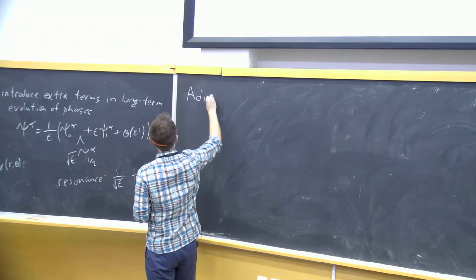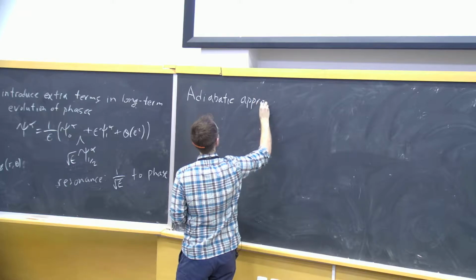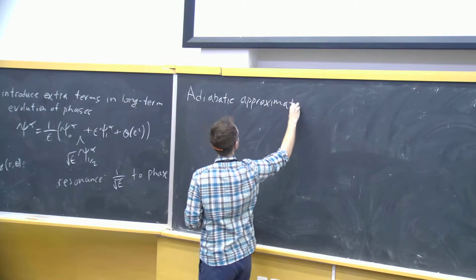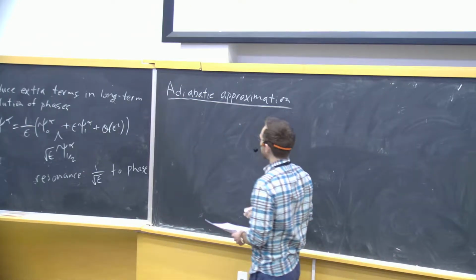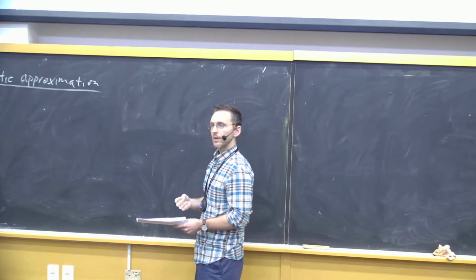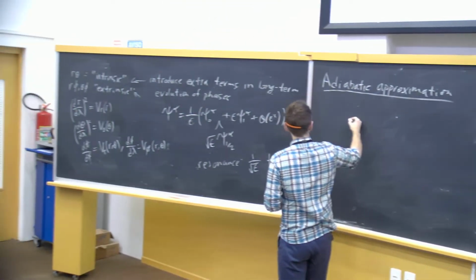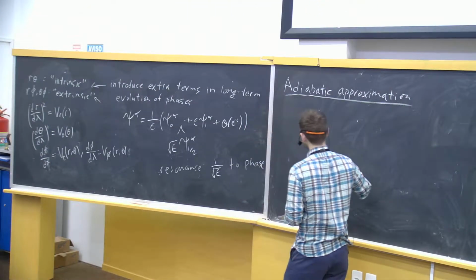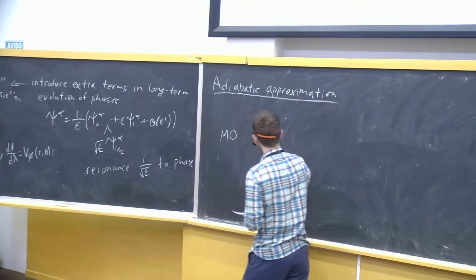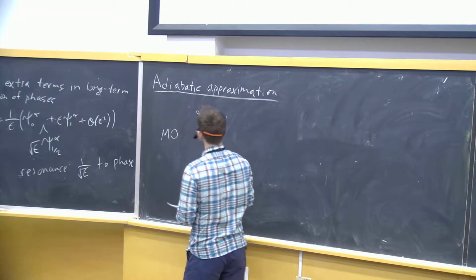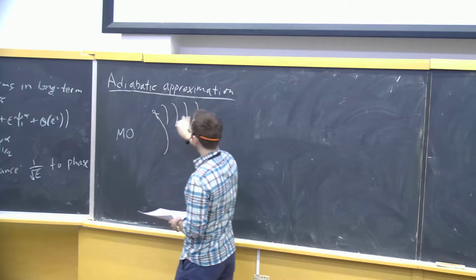Now let me talk about the adiabatic approximation. So this is basically the same adiabatic approximation that Luke described. The basic idea in orbits in Schwarzschild at least is that, say you have your big black hole, your small mass going around, gravitational waves go to infinity.